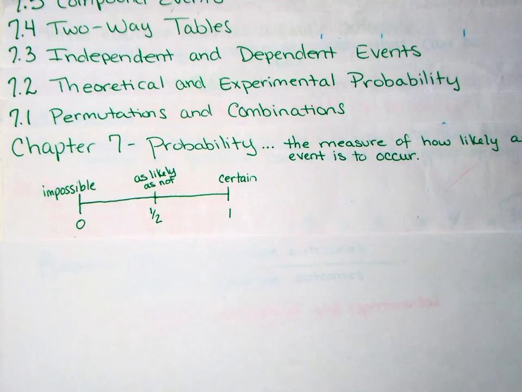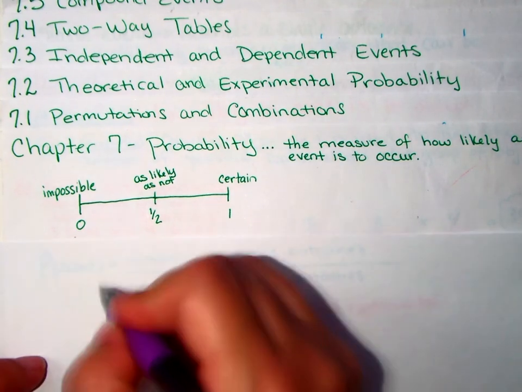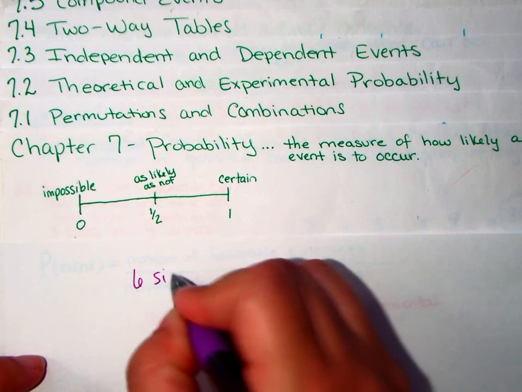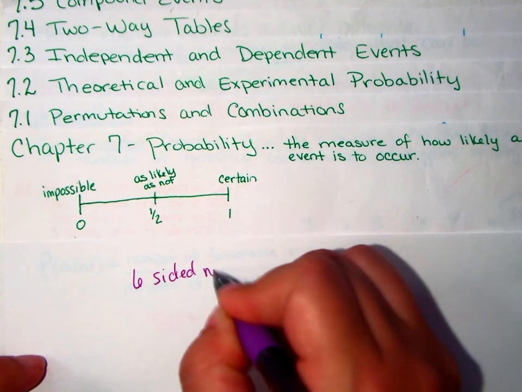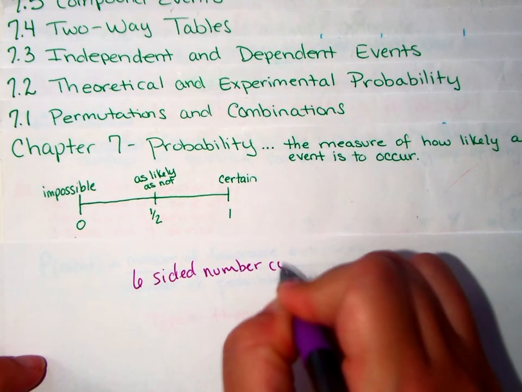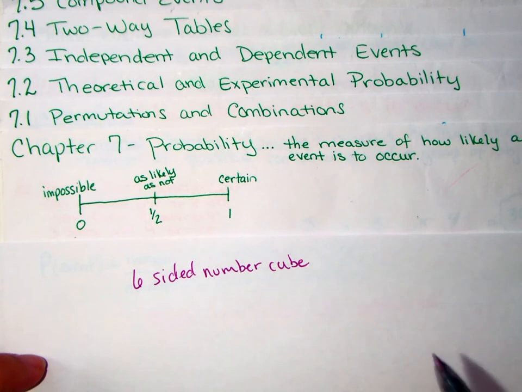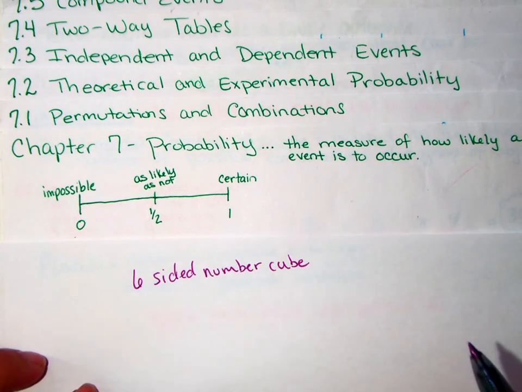Okay? So say we have a six-sided number cube. Six sides, they are numbered 1, 2, 3, 4, 5, 6. So what would be the probability that I roll a number 7?